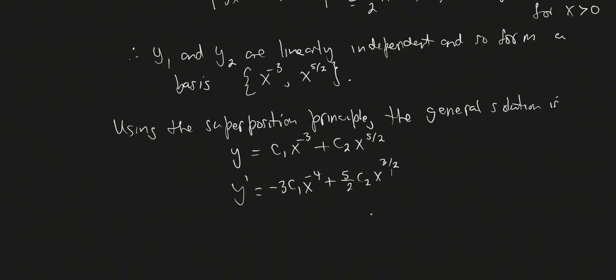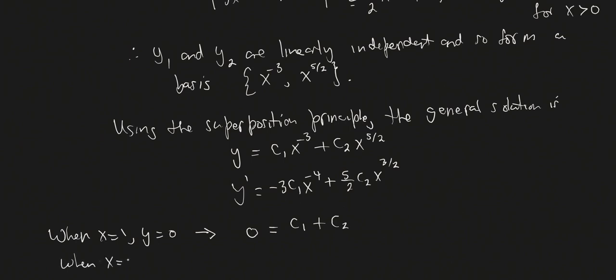So when x is equal to 1, we get that y is equal to 0. Looking at our first equation, I'll put a 0 there. And when x is equal to 1, all those power functions equal 1, so we have c1 plus c2.